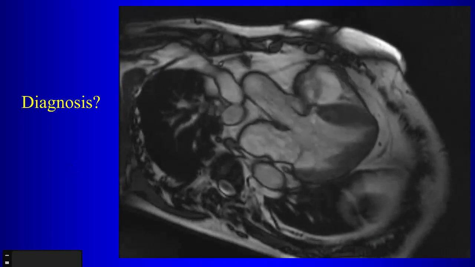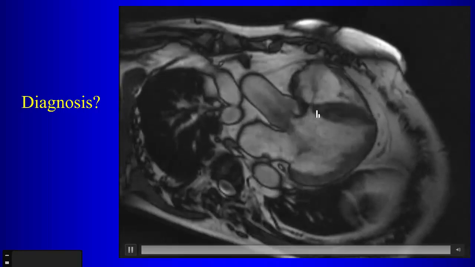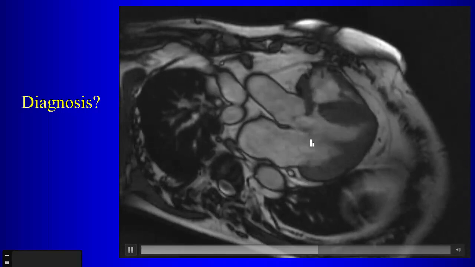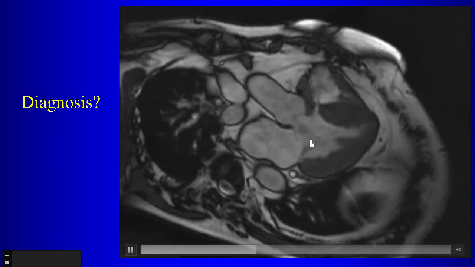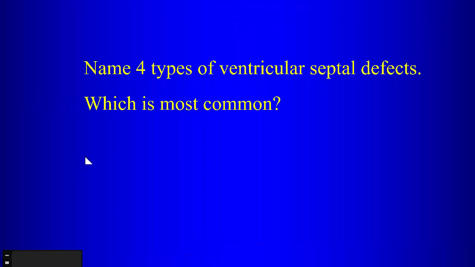VSD with low aortic regurg. So we do see some aortic regurg, and then here you can see a ventricular septal defect there. What kind of defect do you think that is? Membranous? Yeah, that's through the thinnest portion of the ventricular septum. So that's a perimembranous or membranous VSD.